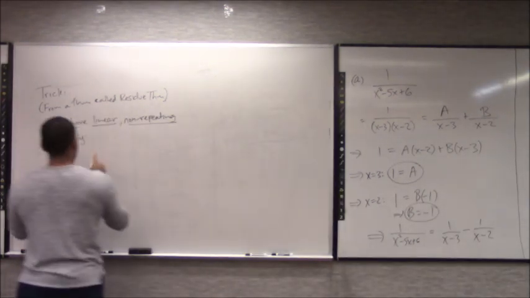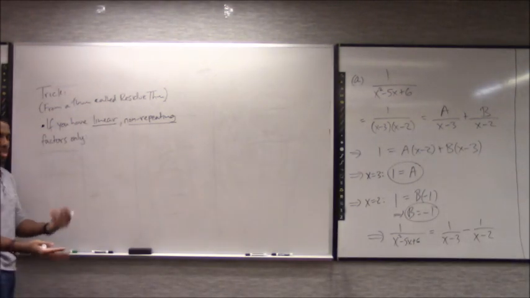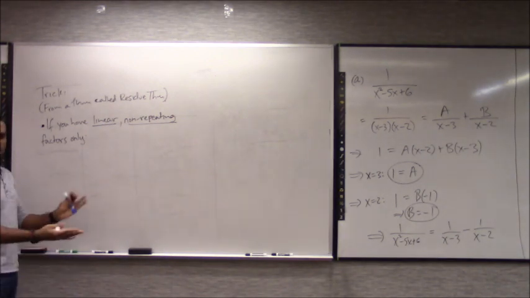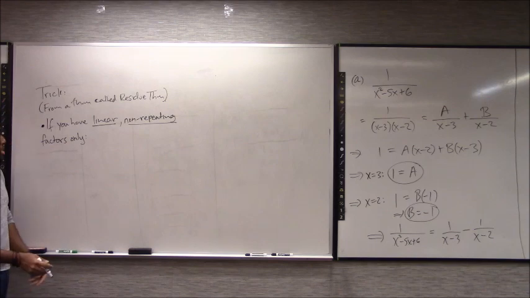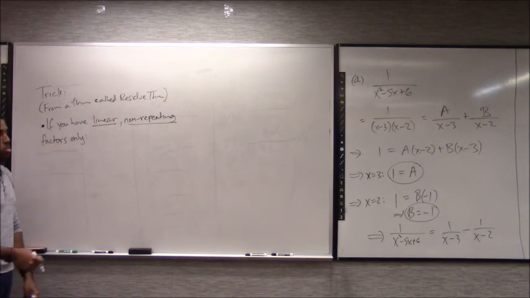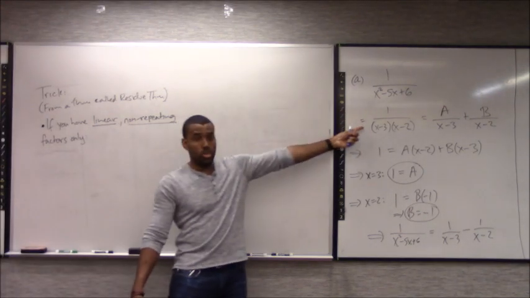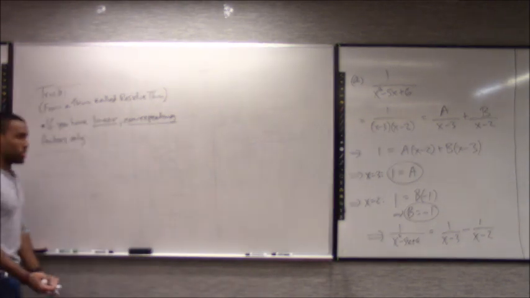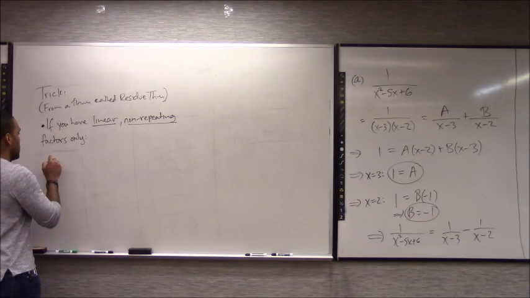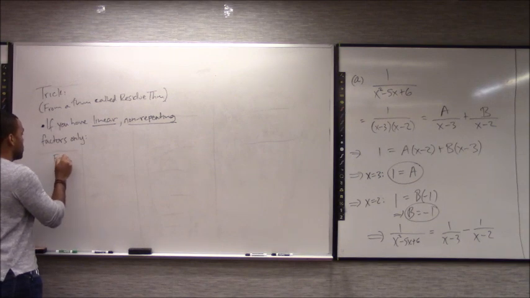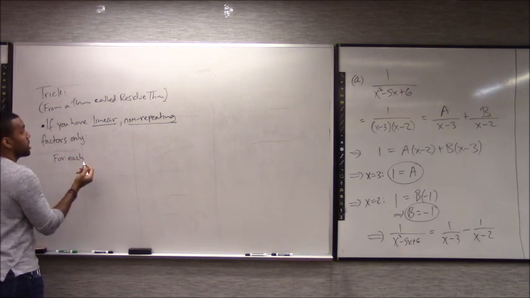But the trick I'm going to give you only works in this case. Once there's a quadratic factor, it doesn't work here. It does work, but it's a little more complicated to apply the theorem to those situations. In the situations of linear non-repeating factors, which is what you have here, there's a short trick that you can actually do. Some people call it the cover-up method.